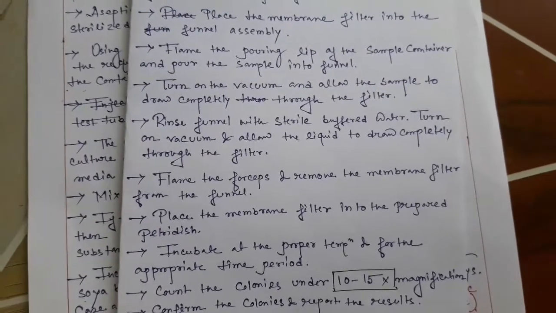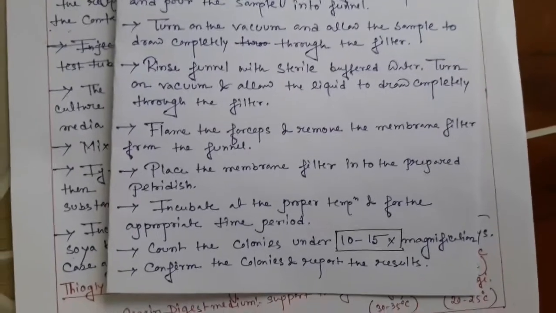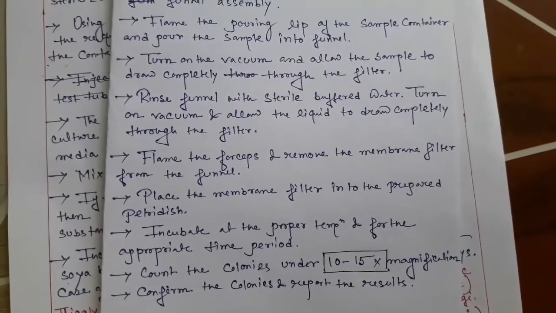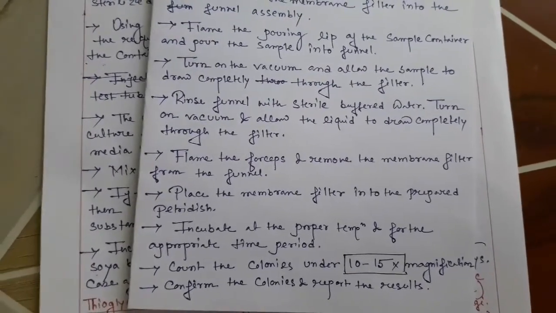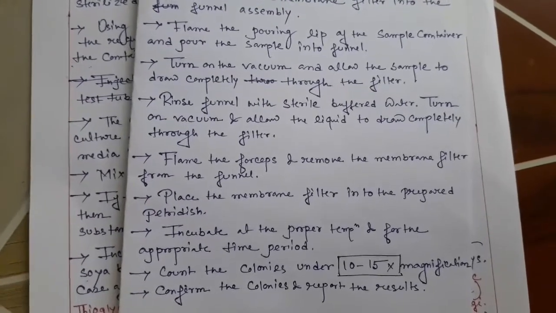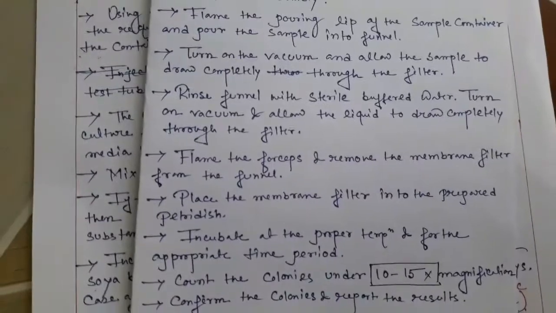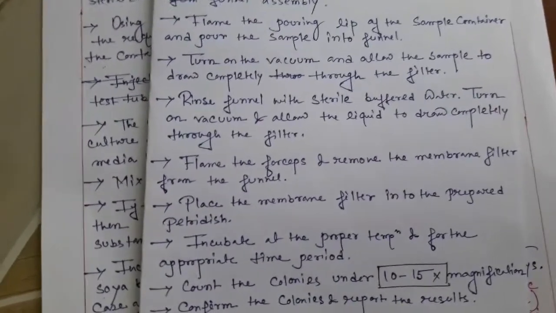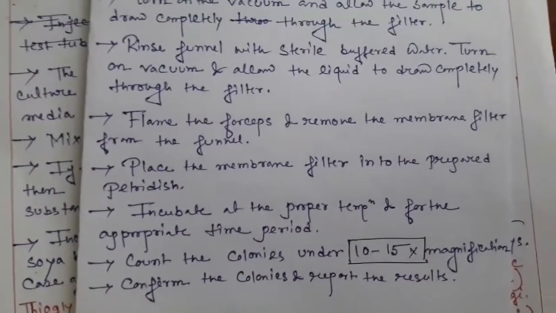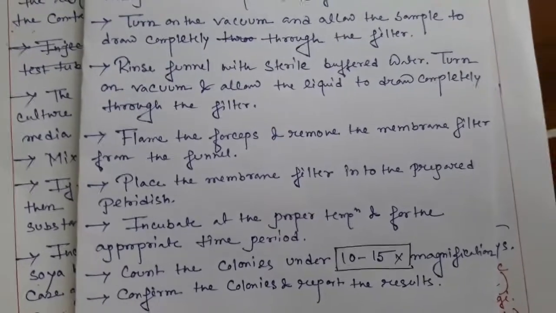Place the membrane filter into the prepared petri dish and incubate at the proper temperature and for the appropriate time period. Then count the colonies. Colonies mean the growth of microorganisms under 10 to 15x magnification. Confirm the colonies and repeat the result.